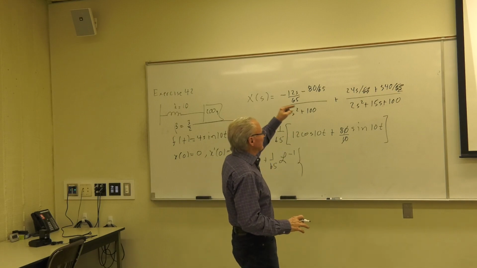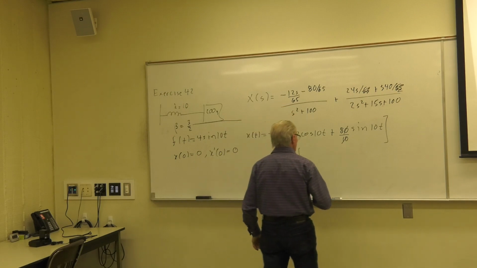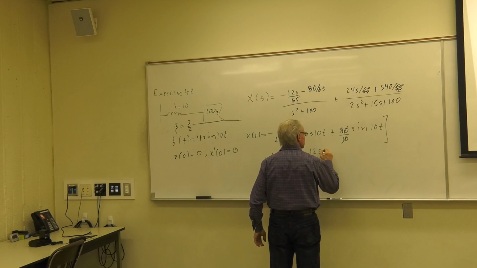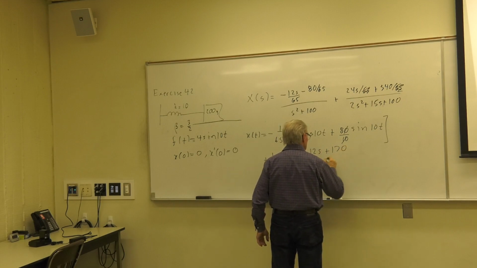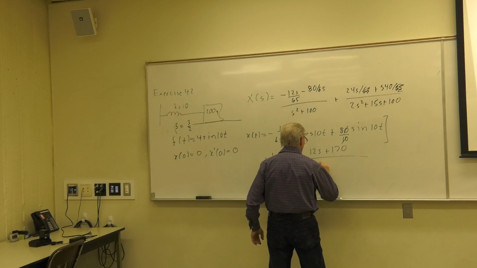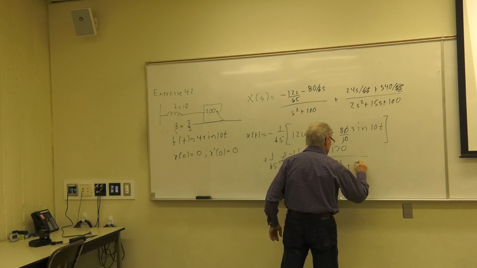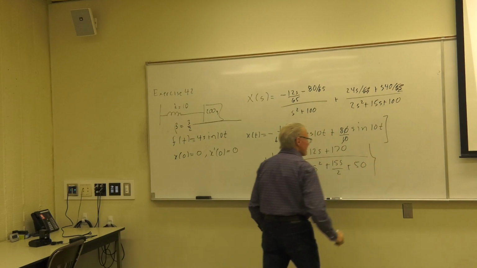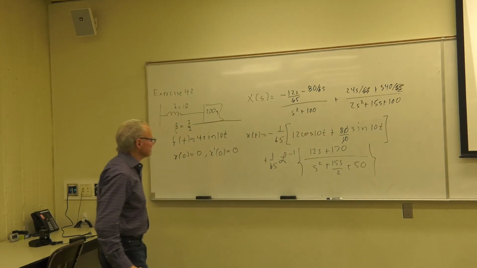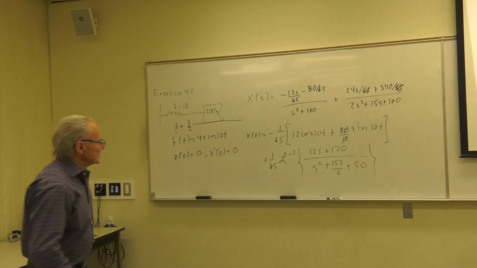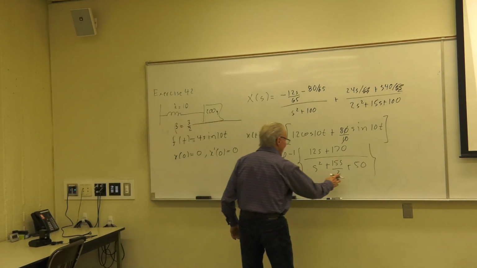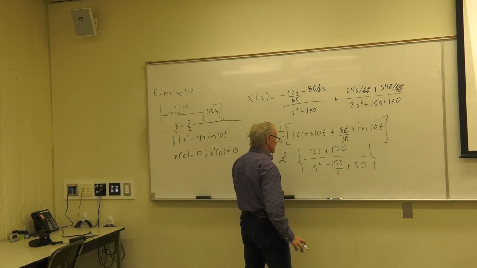So let's divide top and bottom by 2 and write then 12s plus 170 over s squared plus 15s over 2 plus 50. Let's write that. Right? So now let's complete the square on these two guys.